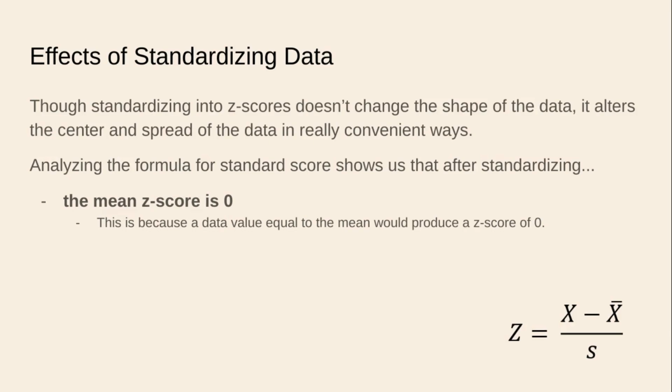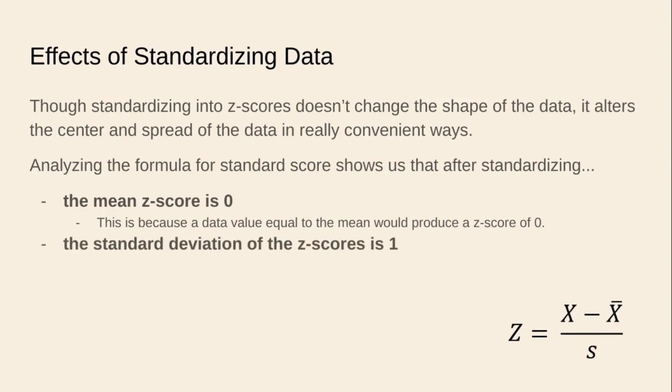If I had the mean here, and I were to insert for a data value the mean, all right? Mean minus mean over standard deviation, well, that's going to be 0, okay? Standard deviation is some positive number, okay? So that's just going to be 0, okay? So that means that the mean z-score is going to be 0. If you substituted the mean for x, you would get 0.